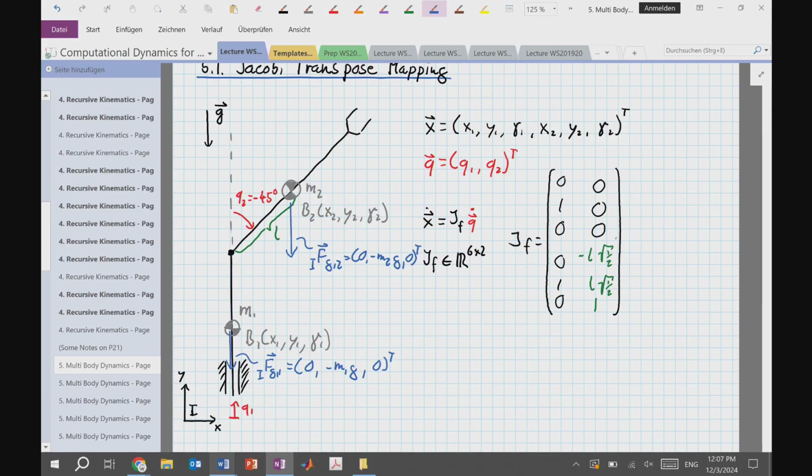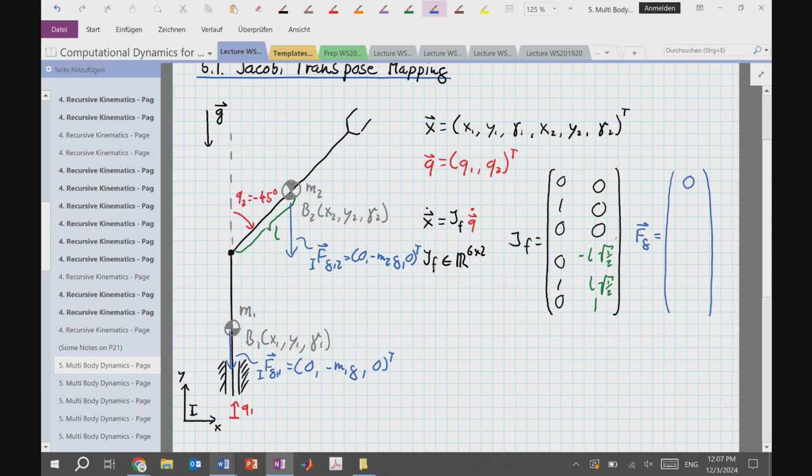This would be now in a 3D Cartesian world. If I think about this more in this space X, where we combine things into the 6-dimensional vector, where every third element corresponds to a rotation, I could also represent this force Fg.